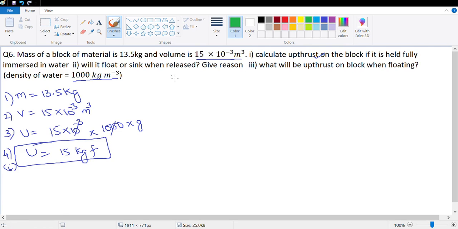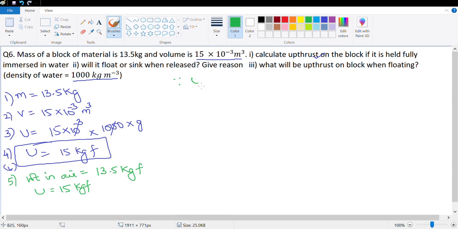It says, will it float or sink when released? For that we need to know the weight of the solid. So weight in air would be equal to 13.5 kilogram into G, that's mass into gravity. So that will be 13.5 kilogram force. And upthrust is 15 kilogram force.